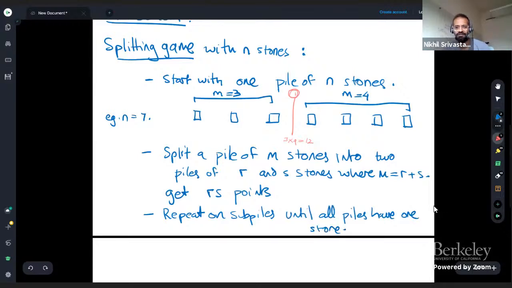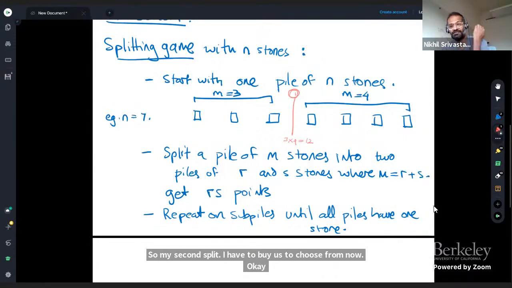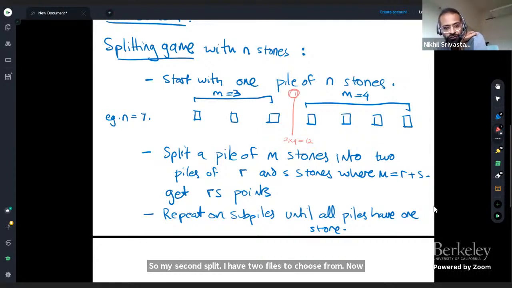Okay, so that means now I get to do some more splitting. So my second split, I have 2 piles to choose from now. And again, the goal is to maximize the score. Right now I have 12 points for my first split. How should I choose my second split? My goal is to get as many points as possible, and the points are given by the product of the sizes of the subpiles.